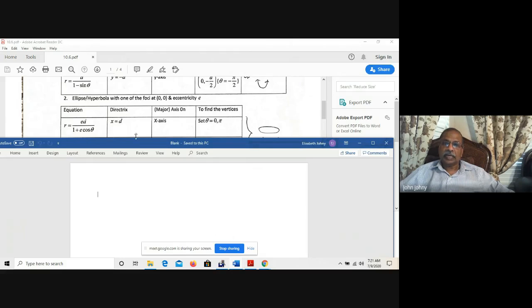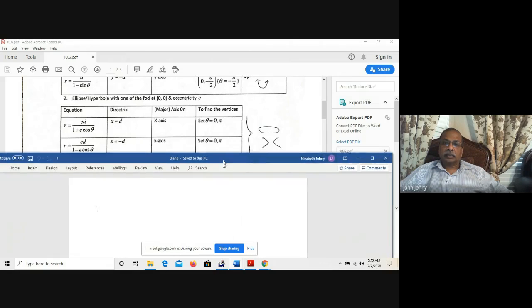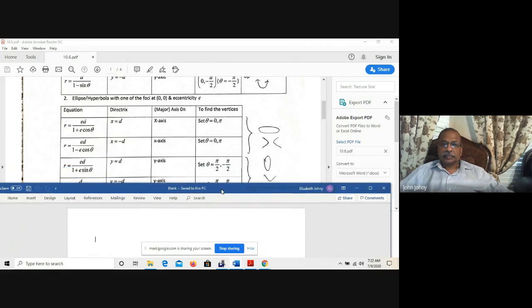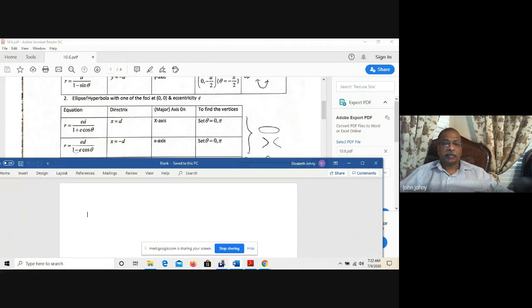And if it is an ellipse, it is stretched along the x-axis, meaning the major axis is on the x-axis, and if it is a hyperbola, the axis is the x-axis. The second formula is R is equal to ED divided by 1 minus E cos theta. So actually the formula is ED divided by 1 plus or minus E cos theta.